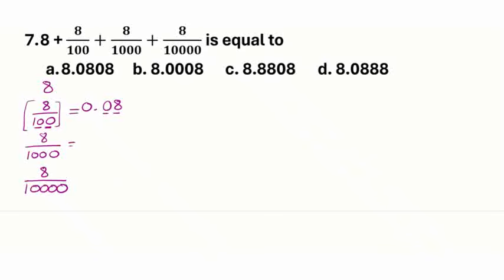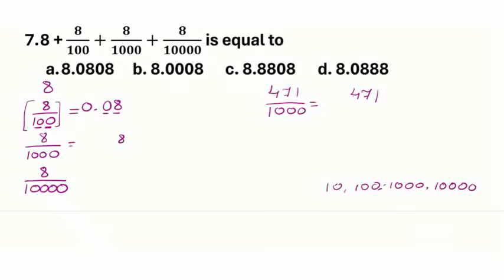So here also, whatever it is in the numerator, for example, if you have 471 by 1000, what you're going to do? Write the numbers which are there in the numerator. Remember, this trick is applicable only if the denominator is 10, 100, 1,000, 10,000.